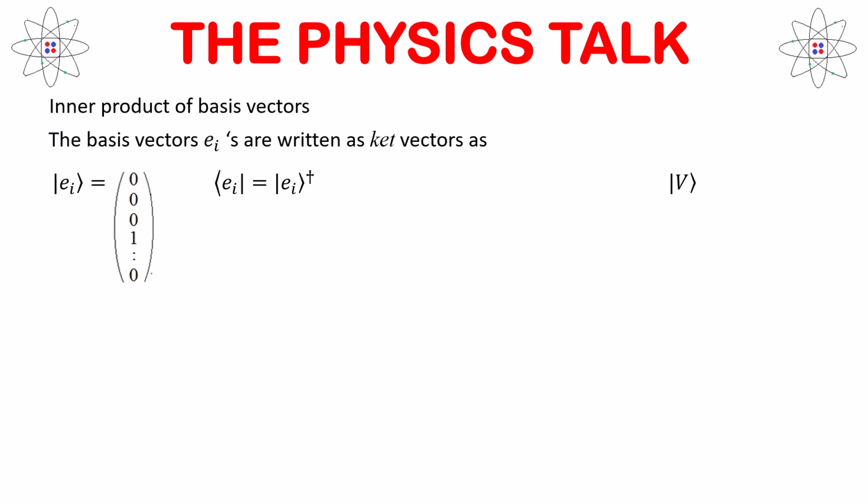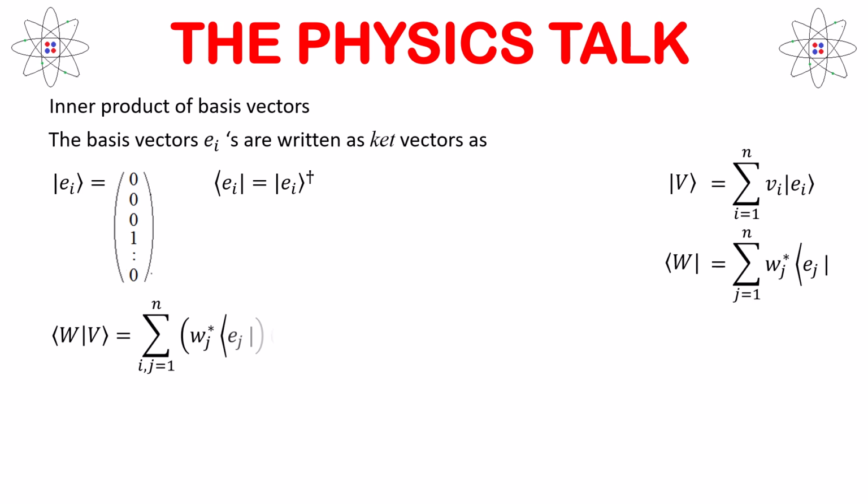Take a ket V and a bra W. Let us write ket V in terms of the basis kets and the components of V. Also write bra W in terms of basis bras and the complex conjugates of the components of W. With these values, the product of bra W and ket V becomes summation of Wj star Vi multiplied with the inner product of two basis kets.